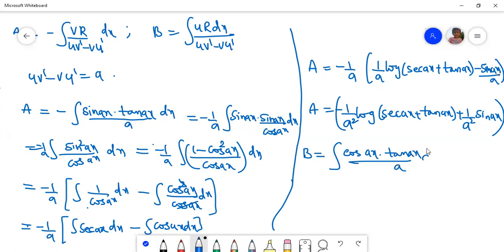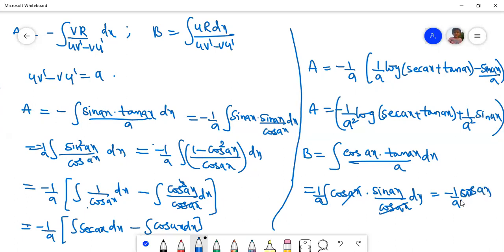It is equal to integral cos ax, 1 by a outside, into tan ax, meaning sin ax by cos ax, dx. Cos ax cancels. Integration of sin is minus cos ax by a into a square. It is b.